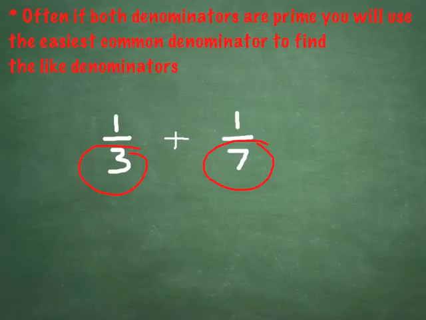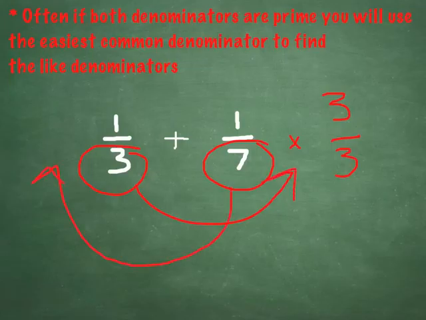Both of those are prime, so we would use our easiest common denominator method of just multiplying by opposite denominators. So in this case, you multiply by our 3 on each side, and then our 7 on each side.